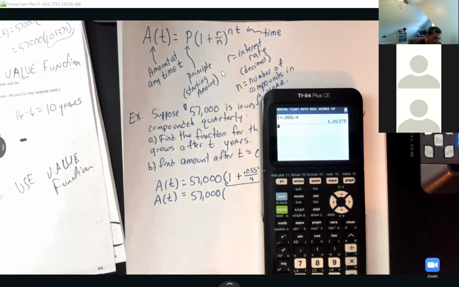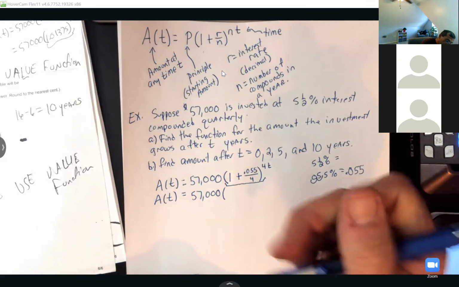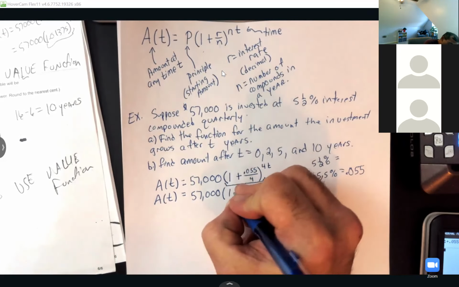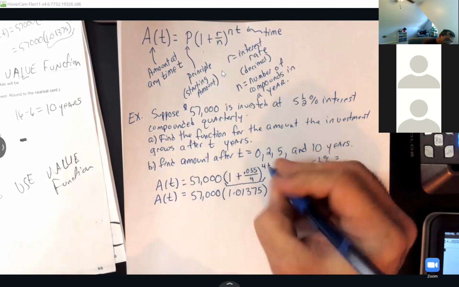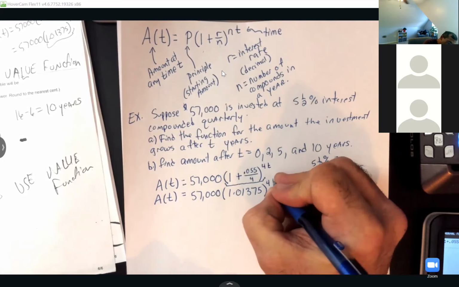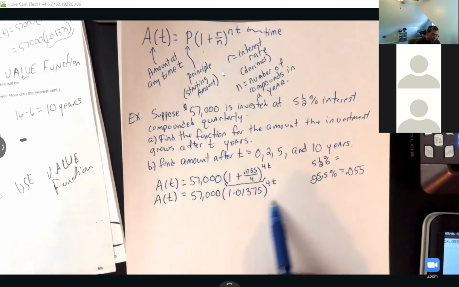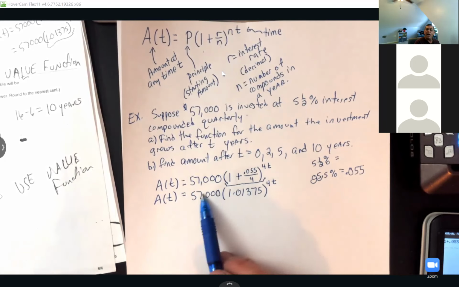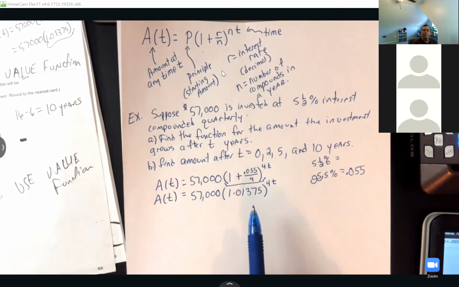So notice that gives me a 1.01375. So this is going to be 1.01375. And then the exponent will be 4 times t. This is what MathLab wants in the answer, okay? You got to simplify the parentheses down.